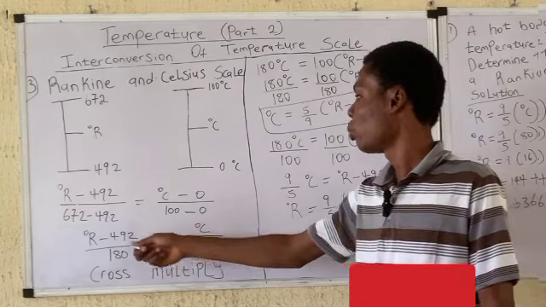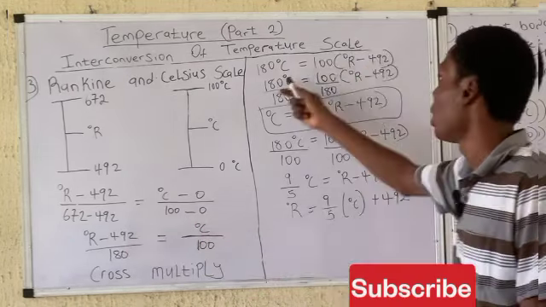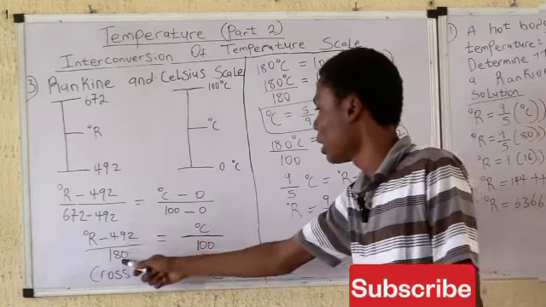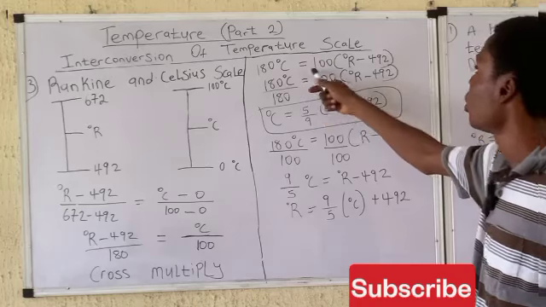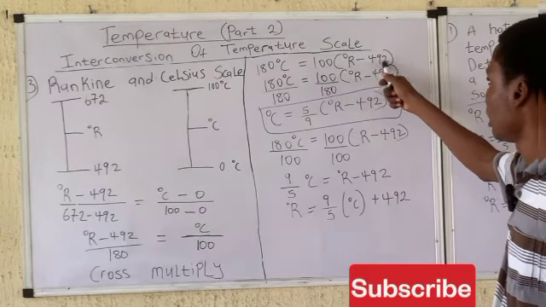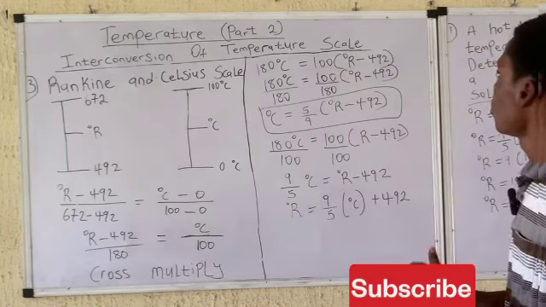We use 180 to multiply this, and we use 100 to multiply this, which we have here. 180 times degrees Celsius, equal to 100 in bracket Rankine minus 492, which is 100 times this.